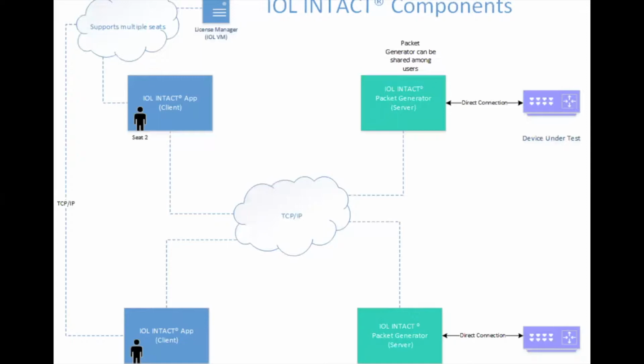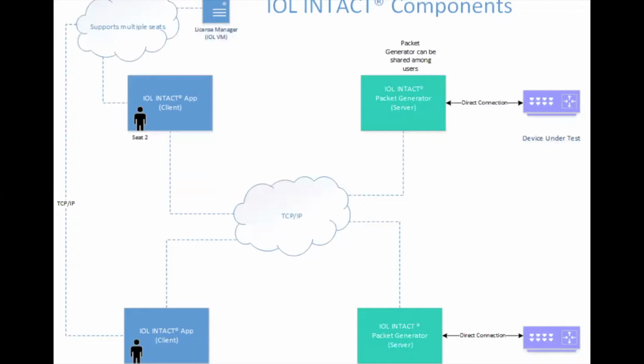What we're illustrating here is that you can use IOL INTACT from multiple stations to control testing for potentially multiple DUTs. It's a TCP/IP connection to the packet generator. And of course, the INTACT application can connect to one or more packet generators. The packet generator is running on a machine that is directly connected to the device under test.